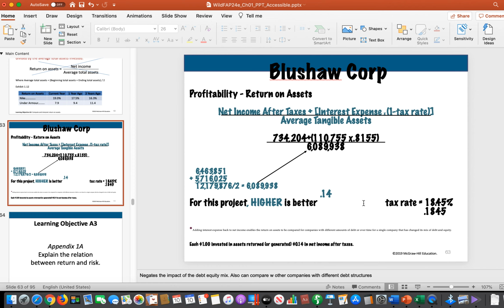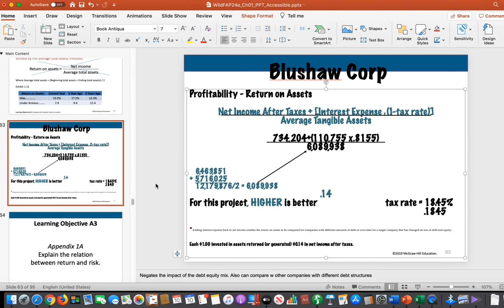It also goes to how they finance the purchase of those assets too. So the interest expense and the tax rate are very important. The tax rate provides a tax shield because interest expense is tax deductible. Now I know that's a little bit more advanced in the explanation, but the main thing I want you to know is to use this formula. Don't use the kiddie formula on the previous slide. Use this one.